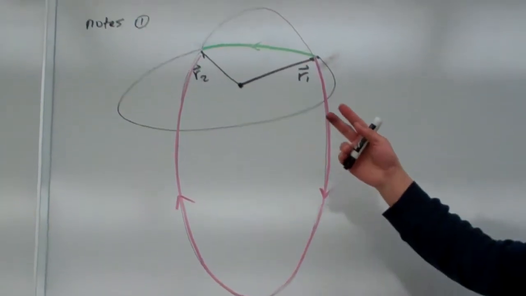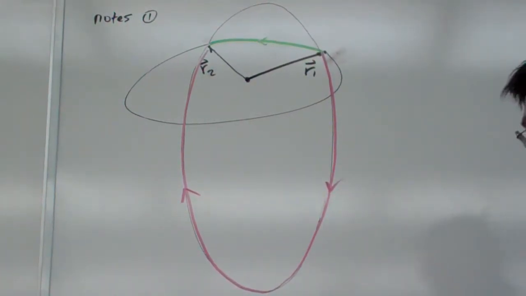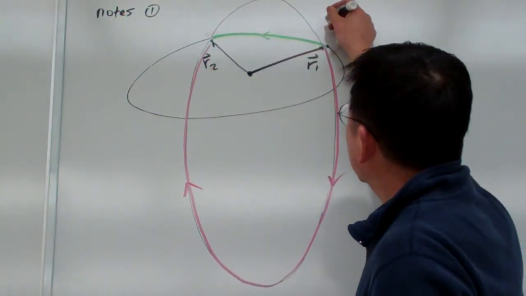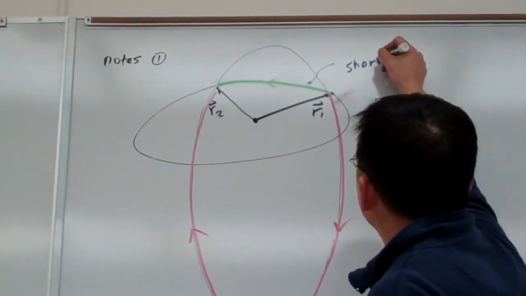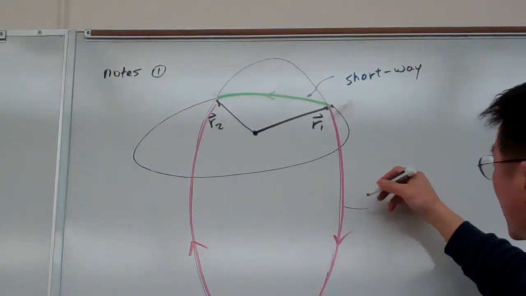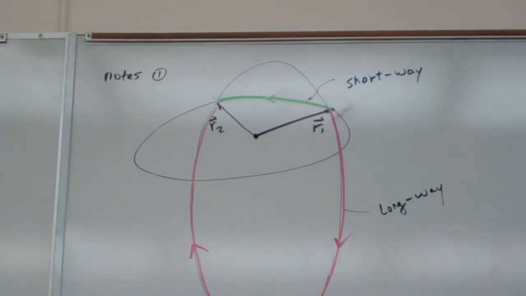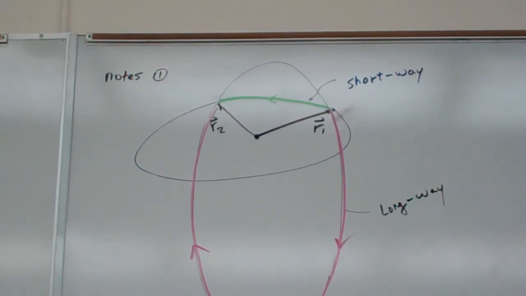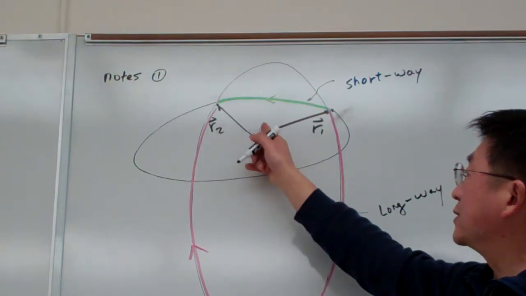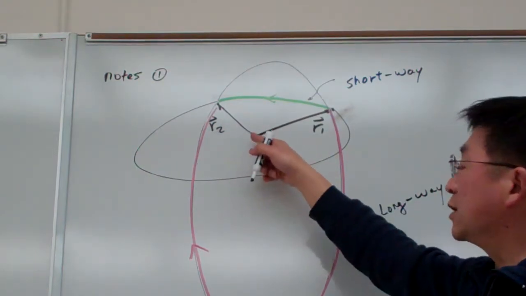Basically, there are two possibilities and two regions between R1 and R2. From here you can see that for the green one, we give the terminology short way transportation, and for this one we call it long way transportation. Why do we call it short way? Short way means the anomaly span is less than 180 degrees, and for the long way, the anomaly is more than 180 degrees.